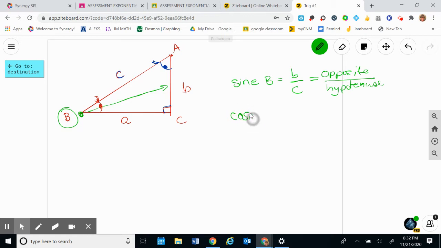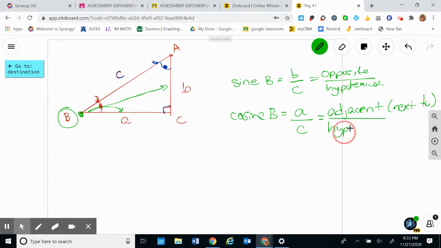Then they named another ratio of an angle. It's called the cosine, and the cosine is going to be A over C. It is the adjacent. Adjacent means next to. If you are adjacent to somebody, you are next to them. Over the hypotenuse. Okay, that's A over C.